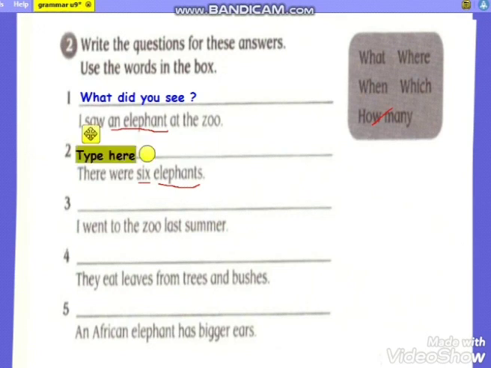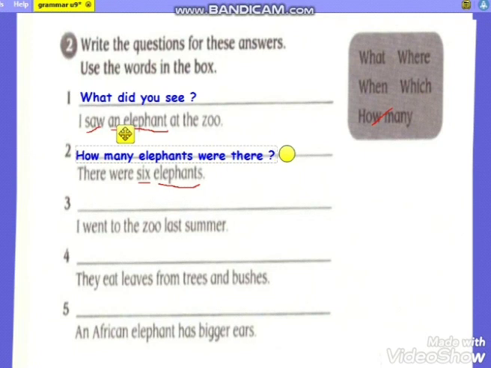Start your question with how many. How many what? Excellent. Elephants. Then you have to add the helping verb, which is were, and complete it with there. At the end, add your question mark.